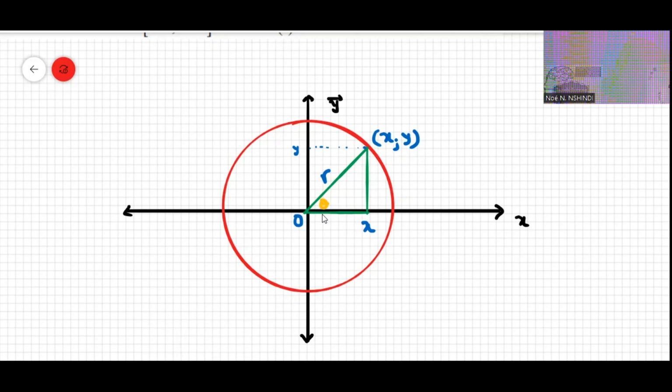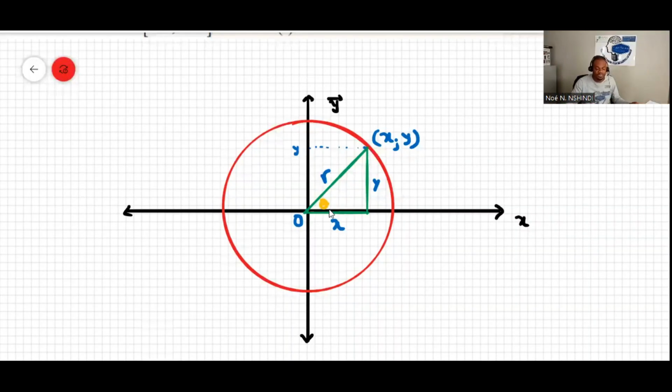From 0 to this point it makes x units. Let me just move my x somewhere there. From here to there it makes about y units. I'll put my y over there.